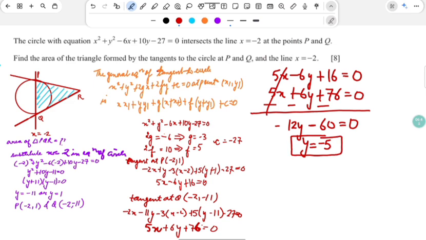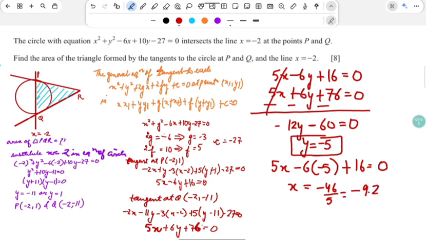And if I substitute y as −5 in equation number 1, I'll get 5x − 6(−5) + 16 = 0. So from here I'll get x = −46/5, which is nothing but −9.2. So now I know the coordinates of point R, that is (−9.2, −5).